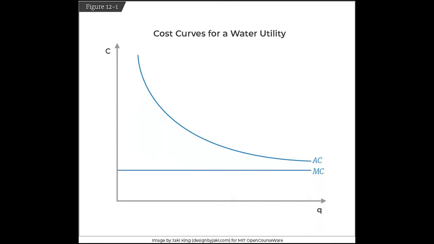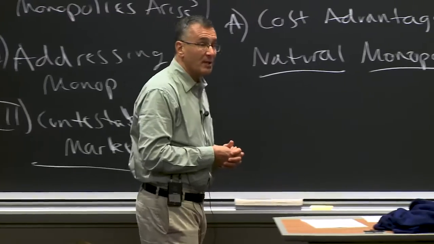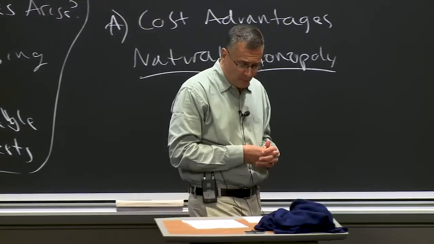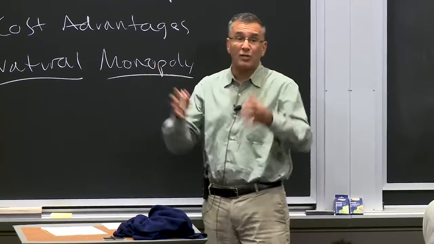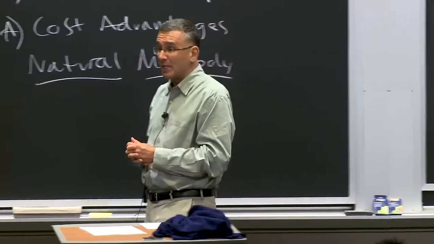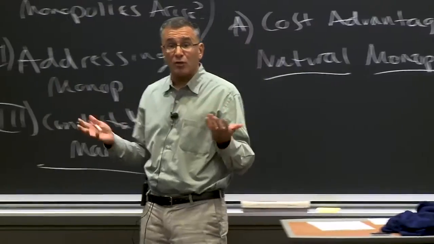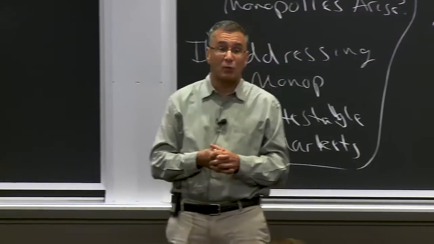In such a world, once one firm has laid the pipes and is providing water, it never makes sense for another firm to enter. Why is that? Because if another firm thinks about entering, they can say, look, this water utility is making all this money. This would be a great market to enter. Remember, we talked about unlimited entry and exit in perfect competition that drives profits away.